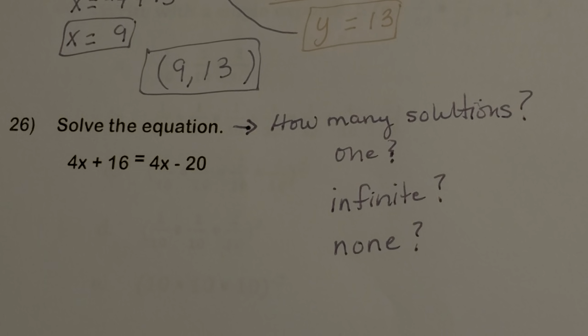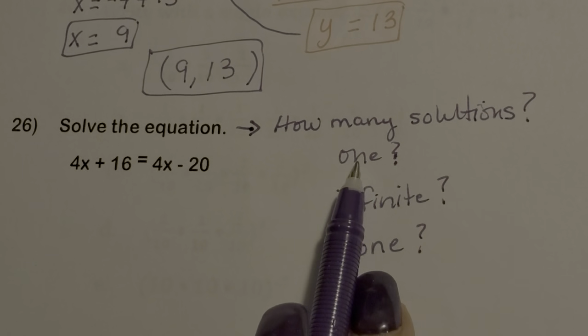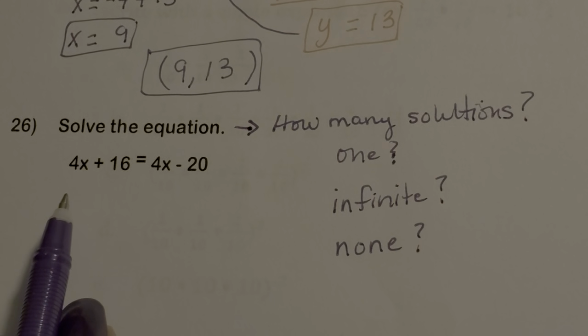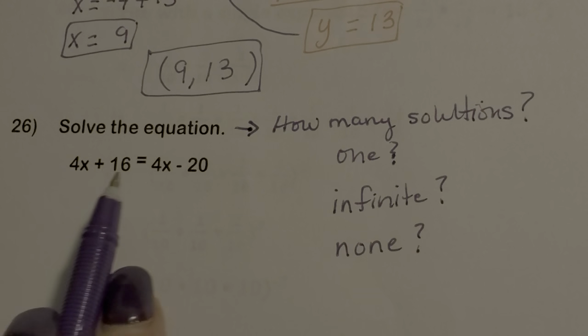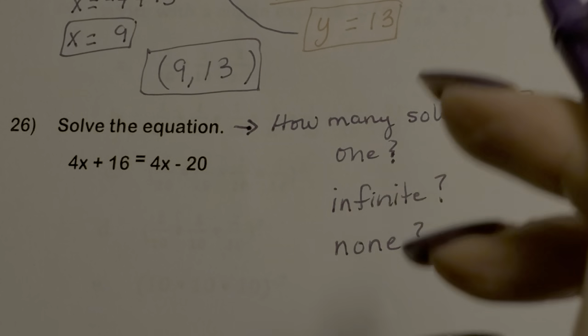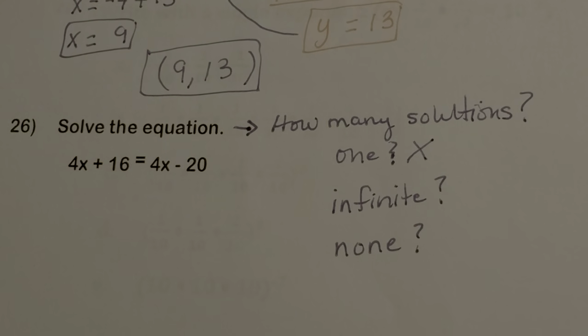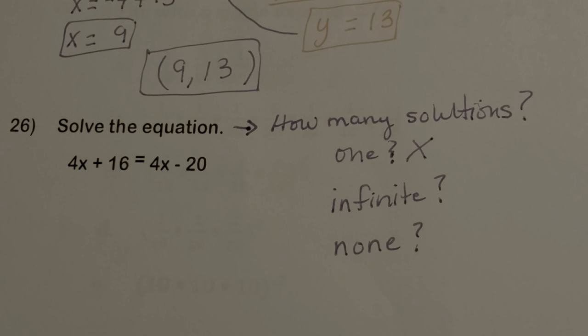Next we'll solve the equation, but I'm going to ask you, how many solutions will this equation have? Is it special? Is it going to have one solution? If it was, my coefficients would be different on my variable. So no, it does not have just one solution. Well, that leaves two choices.